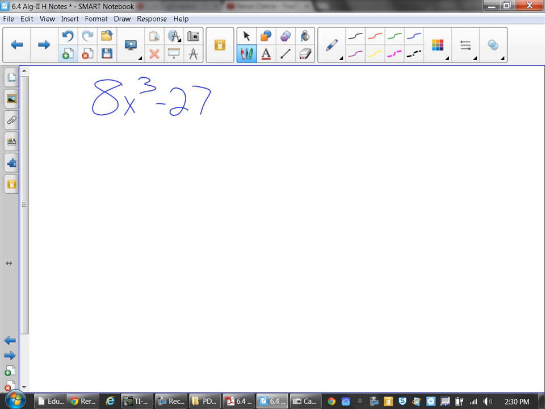Okay. So here's what happens when you factor this out. We know it's going to be the pattern a cubed minus b cubed. That's going to equal first minus second, first one squared, plus the two of them multiplied together, plus the last one squared. Okay.